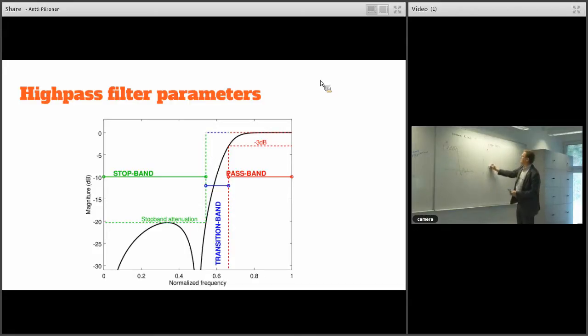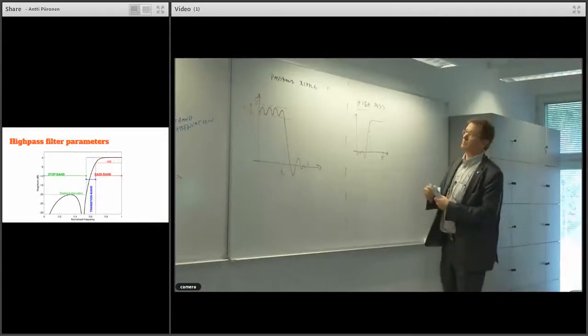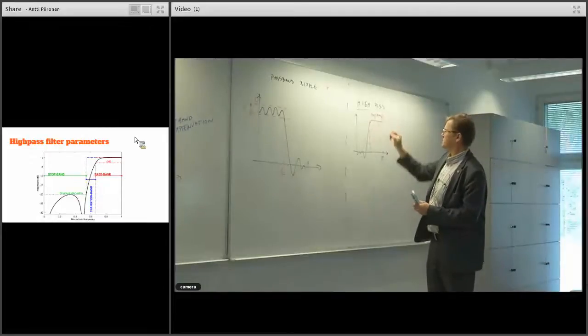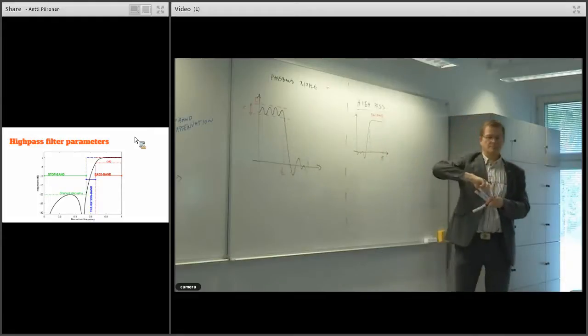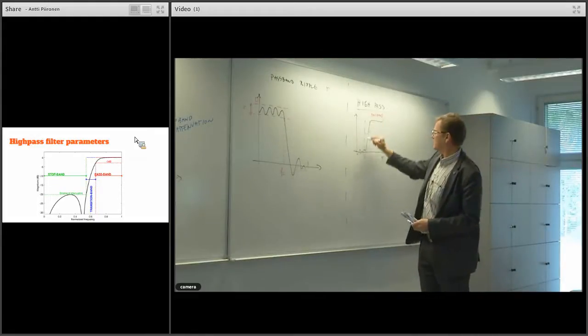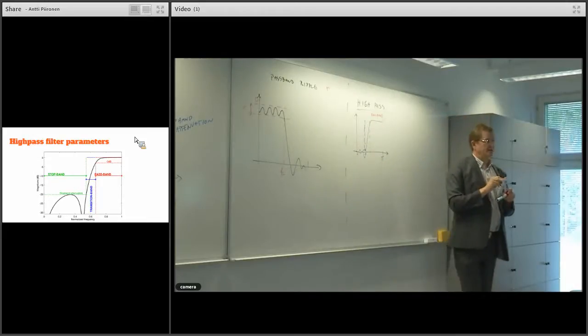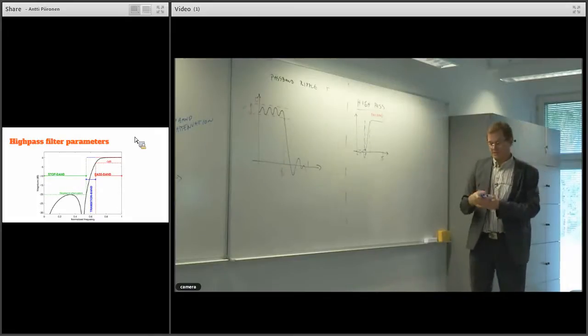So the high pass filter, as simple as low pass, except of course it attenuates the lower frequency components and passes the higher frequency components. So our pass band is here. Pass band, stop band, stop band attenuation, transition band.